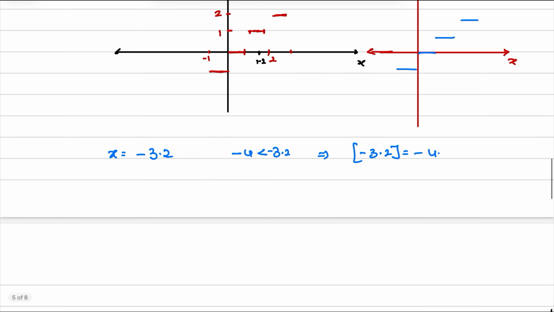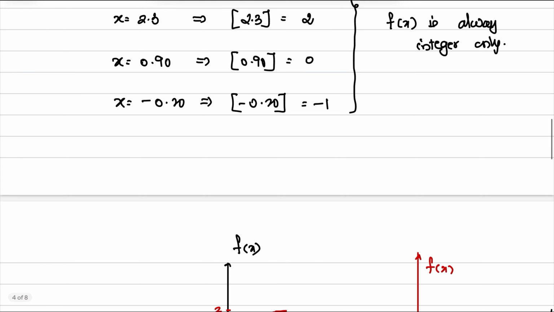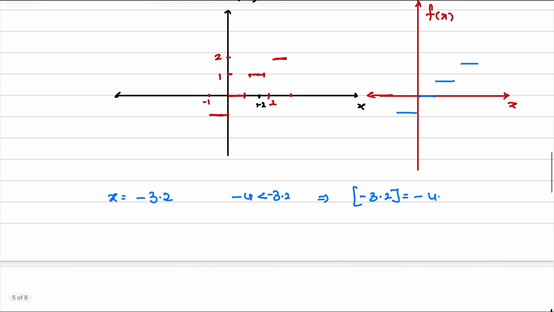If x is equal to minus 3.2, let us say, the greatest integer less than or equal to x is minus 4, which is less than minus 3.2, which implies greatest integer of minus 3.2 is equal to minus 4. Are you able to follow? This is the greatest integer function.